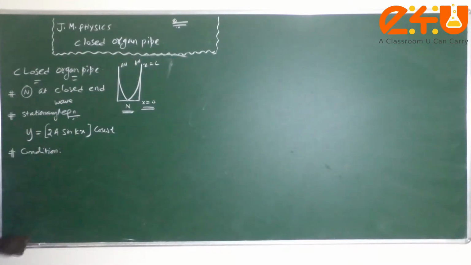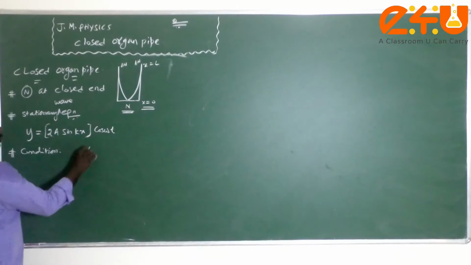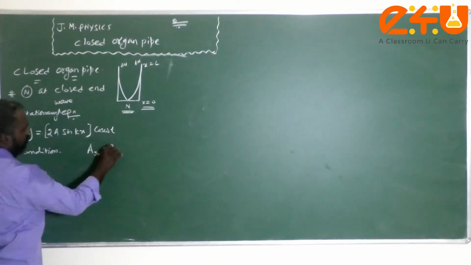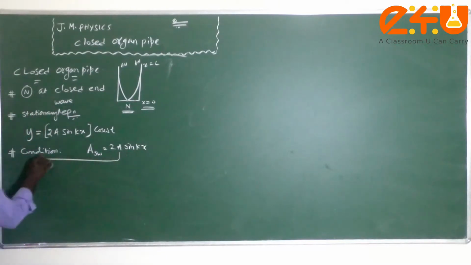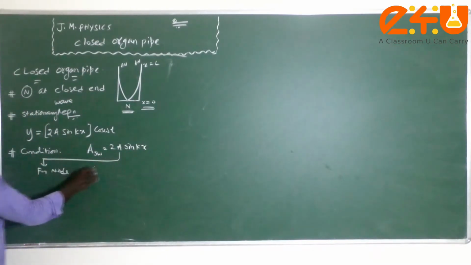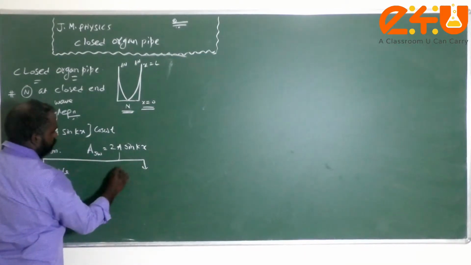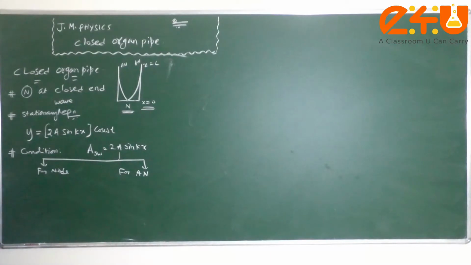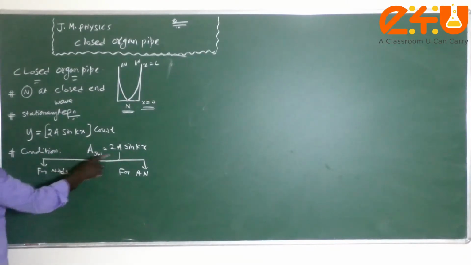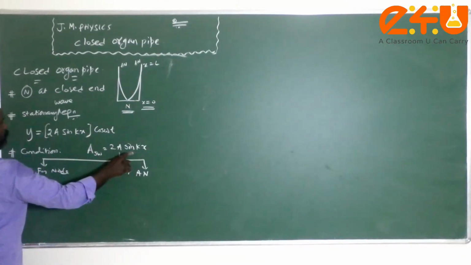The other thing is the condition for node and antinode. We know the amplitude of the standing wave S is 2a sin kx. For a node, the amplitude of the standing wave should be 0, so sin kx should be 0.